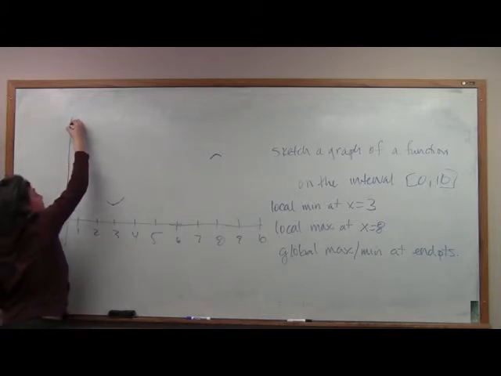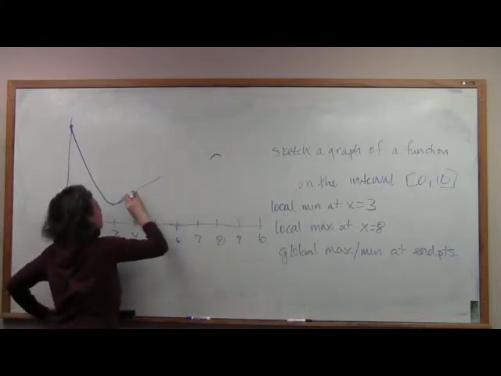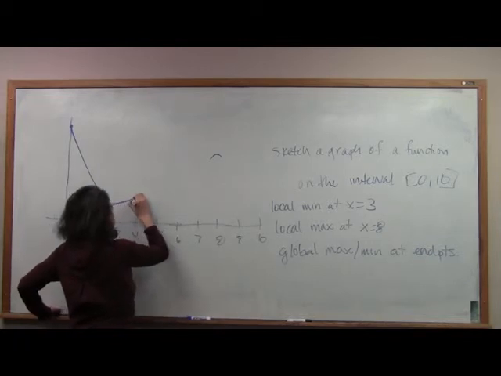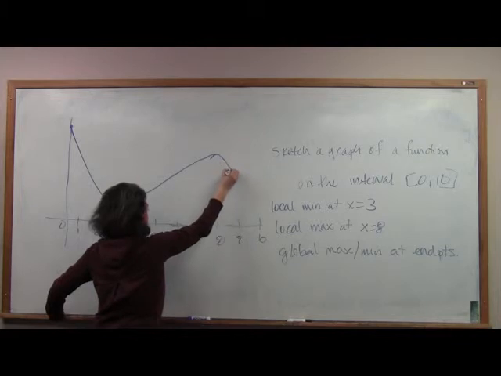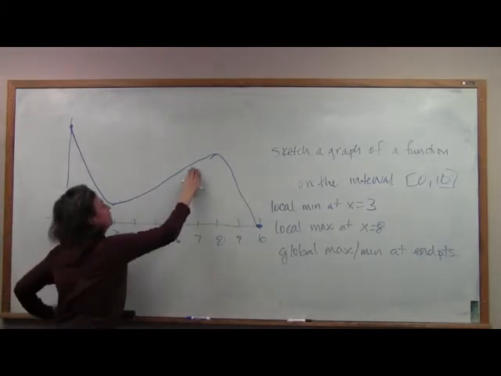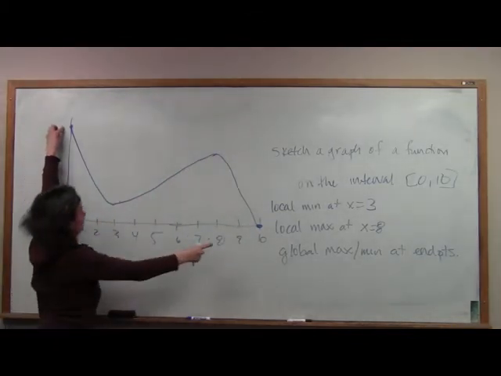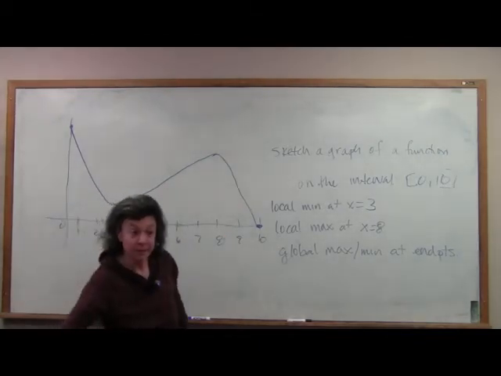So what I'm going to do is draw this graph. It's going to be increasing really slowly, but then it's going to go decreasing, and now I need my global min to be right there. All right, notice global max, global min, local max, local min.